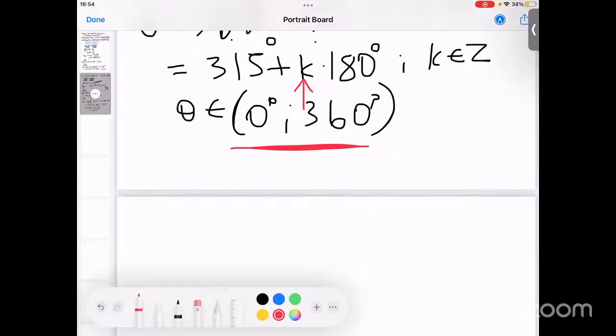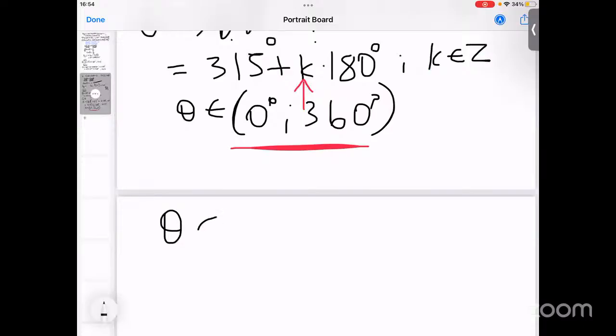These are the angles, because I've already worked it out. Just say the angle is equal to 135 degrees or 315 degrees. So that's how you would easily work it out.